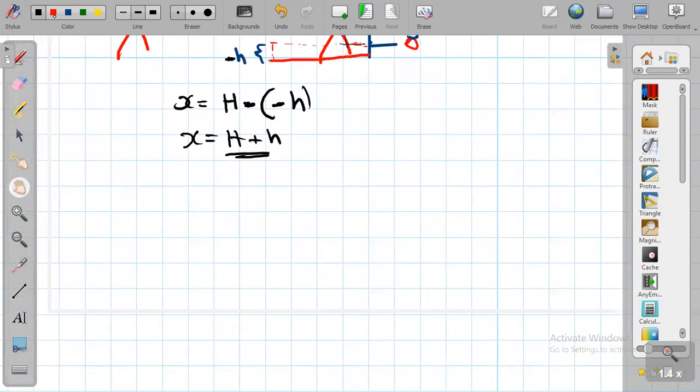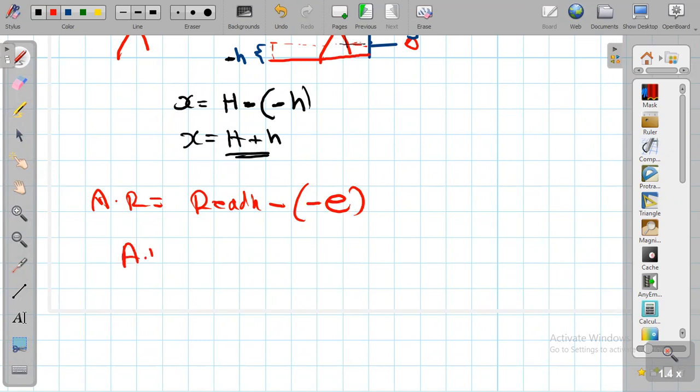Let me go for the proper explanation. The actual reading equals reading minus negative error. So actual reading equals R minus negative error, and minus becomes plus finally. Actual reading is equal to reading plus error.